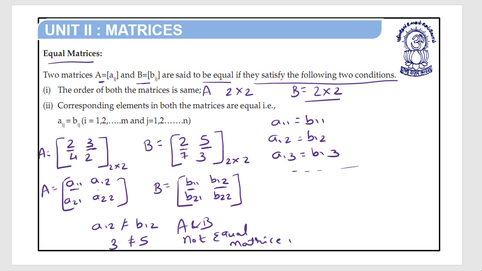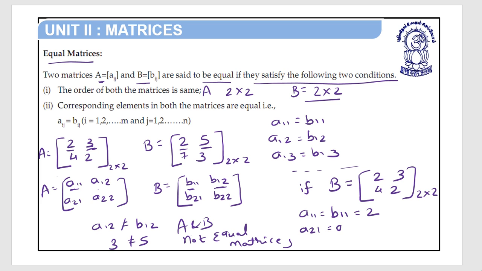If B is equal to 2 3 4 2, then A11 is equal to B11 is equal to 2, A21 is equal to B21 is equal to 4, A12 is equal to B12 is equal to 3, A22 is equal to B22 is equal to 2.